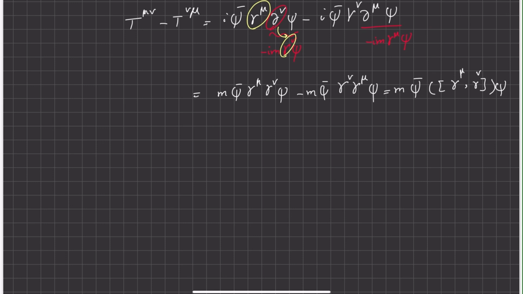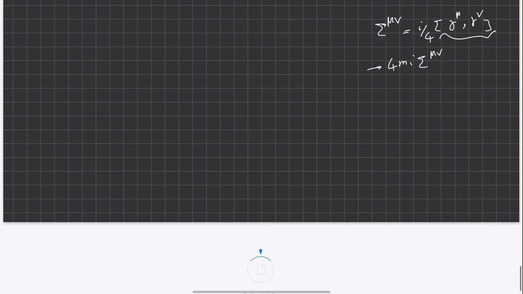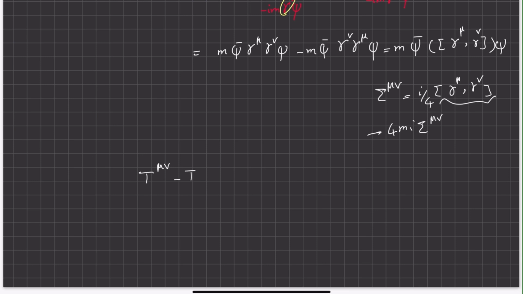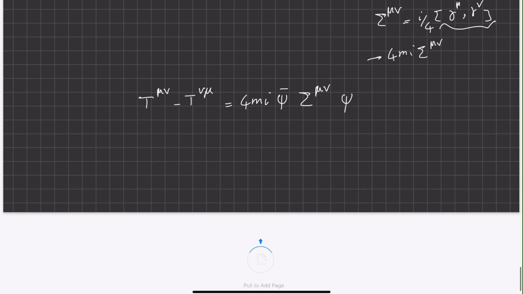If you remember, from the last session we had this sigma mu nu, which was equal to i over 4 commutation of gamma mu gamma nu. So this commutation is going to be equal to 4 m i sigma mu nu. So at the end of the day, t mu nu minus t nu mu is equal to 4 m i psi bar psi sigma mu nu. So this is the orbital angular momentum here.